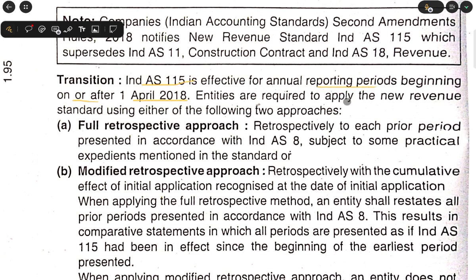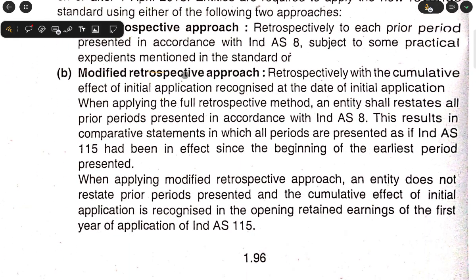Entities are required to apply the new revenue standard using either of two approaches: the full retrospective approach or the modified retrospective approach. The full retrospective approach applies to each prior period presented in accordance with Ind AS 8, subject to some practical expedients mentioned in the standard. Under the modified retrospective approach, the cumulative effect of initial application is recognized at the date of initial application.